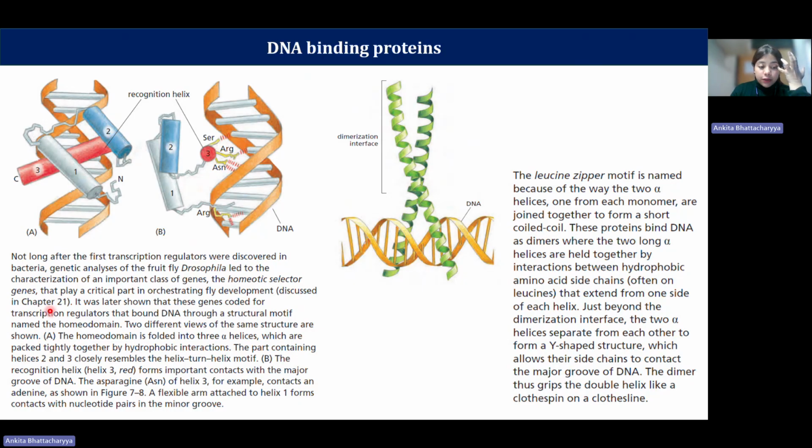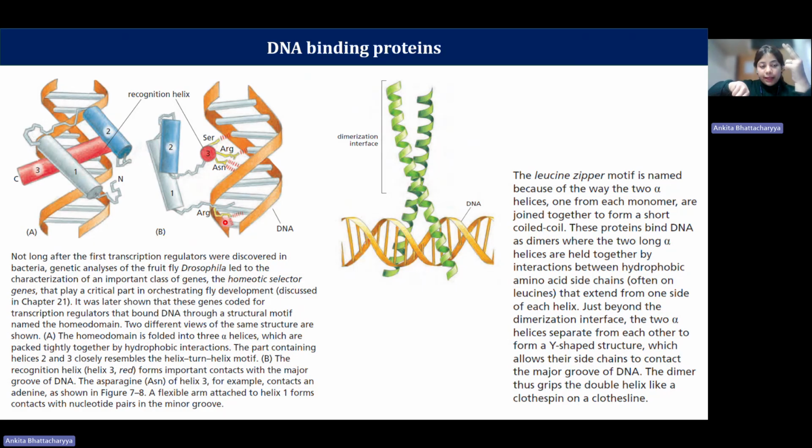And one example of the same is the asparagine, which contacts adenine of DNA. As you can see, these are multiple interactions that can also be facilitated. And a flexible arm that is attached to helix 1 forms contacts with nucleotide pairs present in the minor groove. So you have a two-pronged approach.